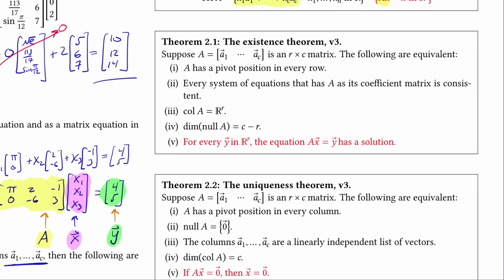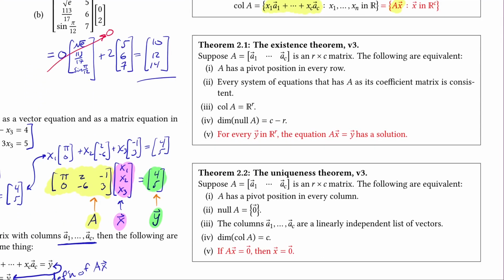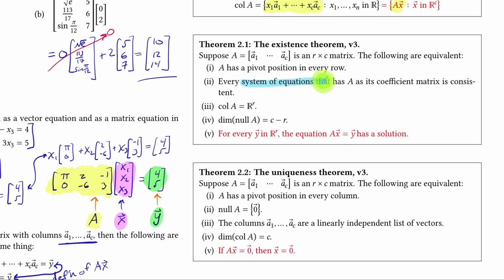Now, likewise, we can also restate the existence and uniqueness theorems. Here's the existence theorem. One part of it says that every system of equations that has A as its coefficient matrix is consistent.